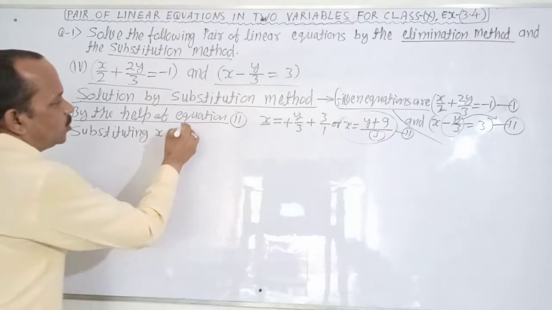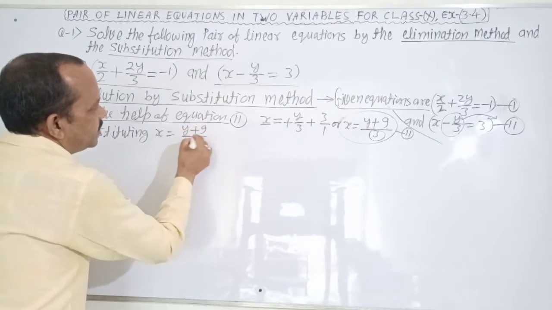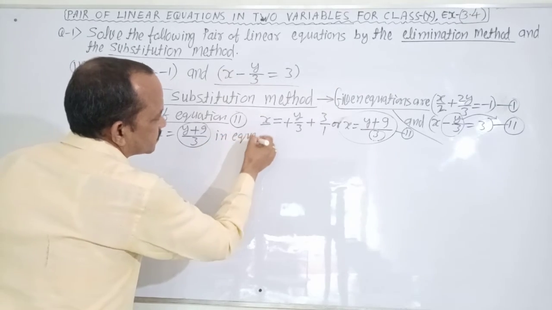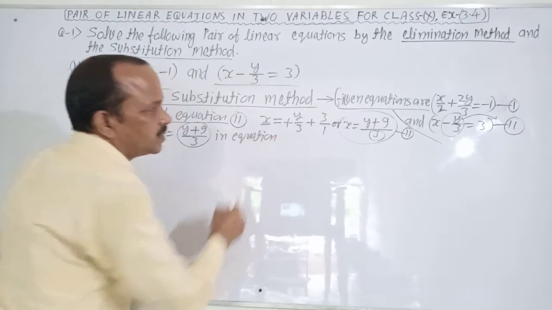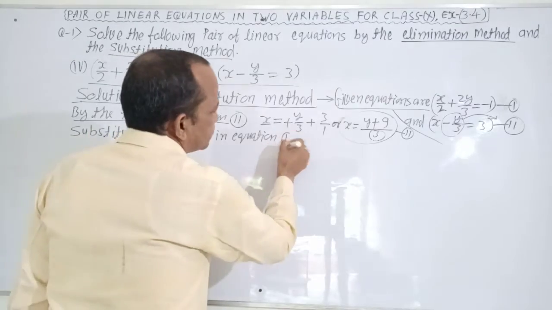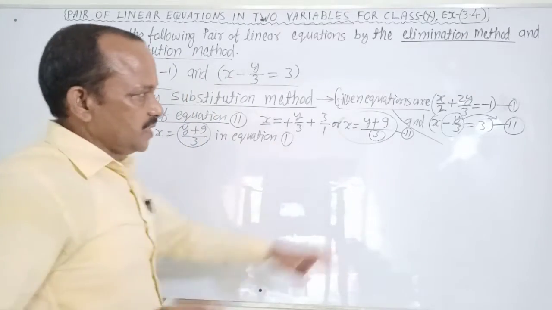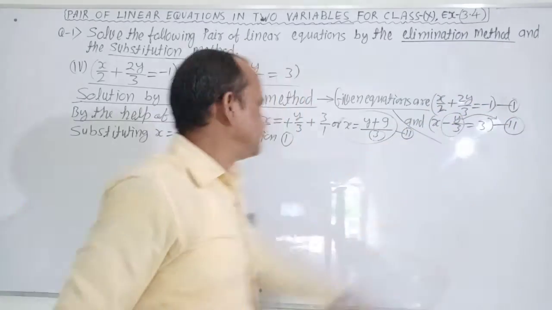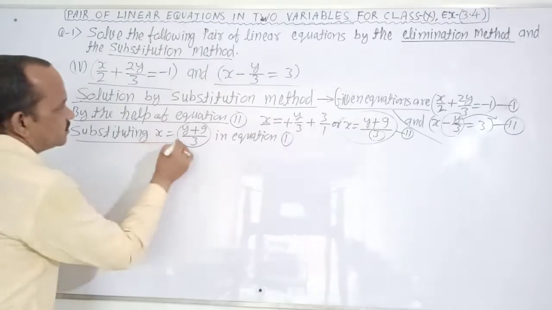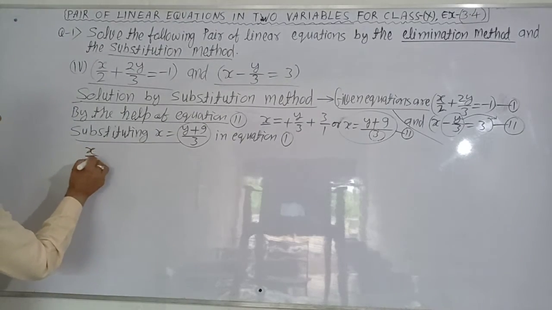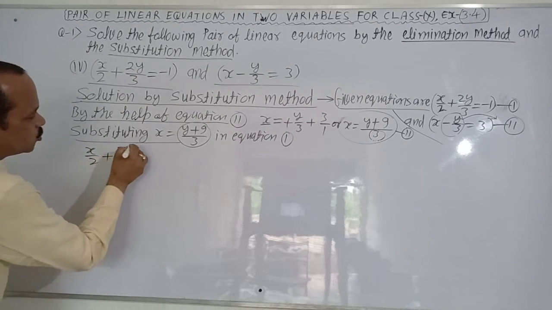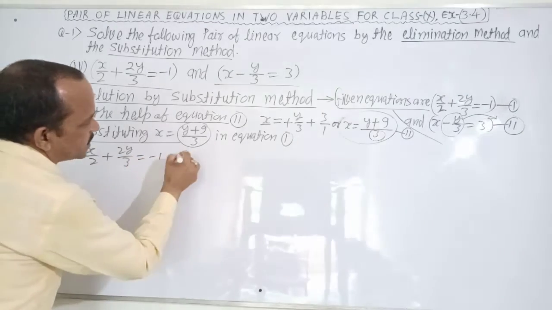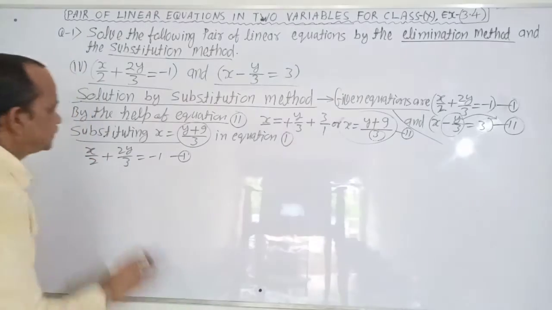Equation first is x by 2 plus 2y by 3 equal to minus 1.